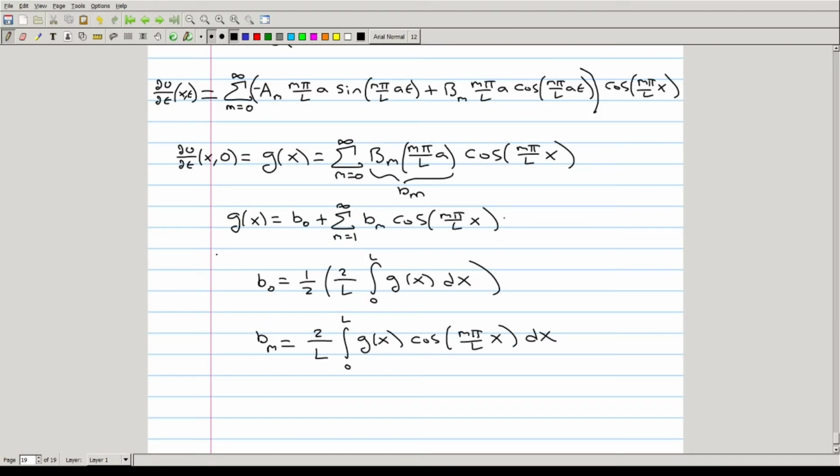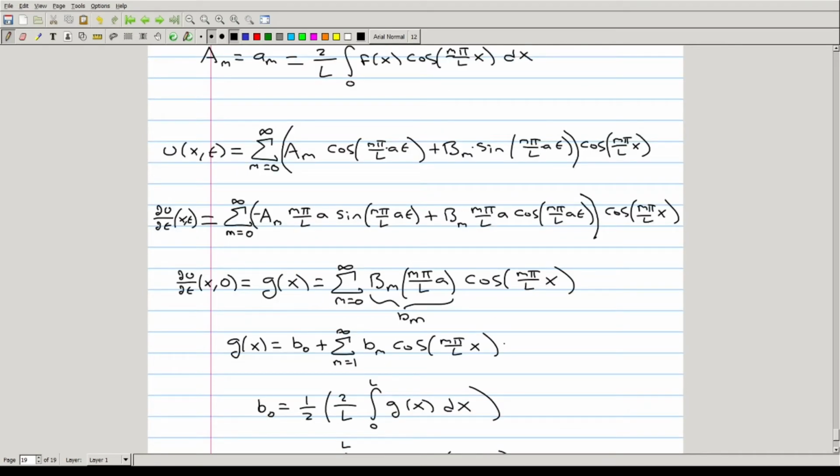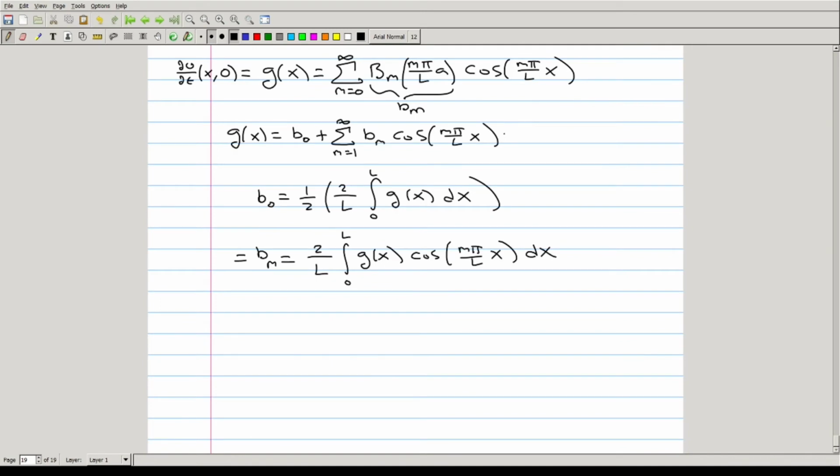And remember, we're not looking for the lowercase bm's, we're looking for the capital BM's here. And b naught actually ends up not mattering, because when you plug in m equals 0 here, you get b naught times sine of 0, which is 0. But bm for every value of m greater than or equal to 1 is capital BM times m pi over L a.